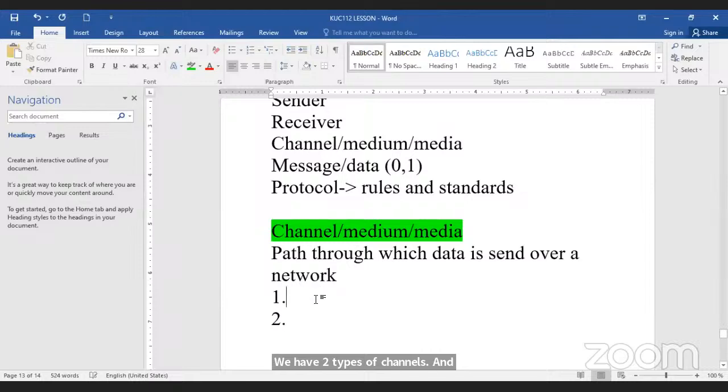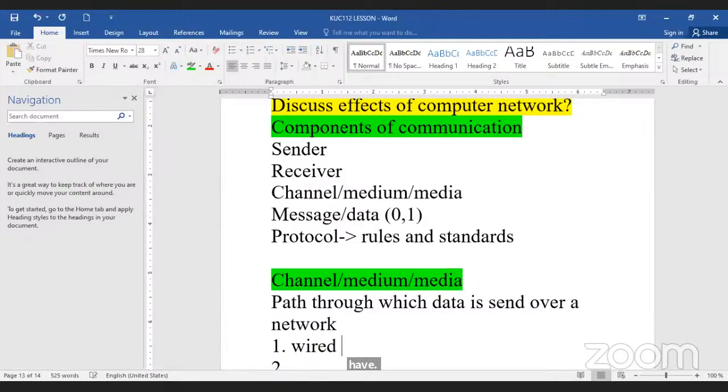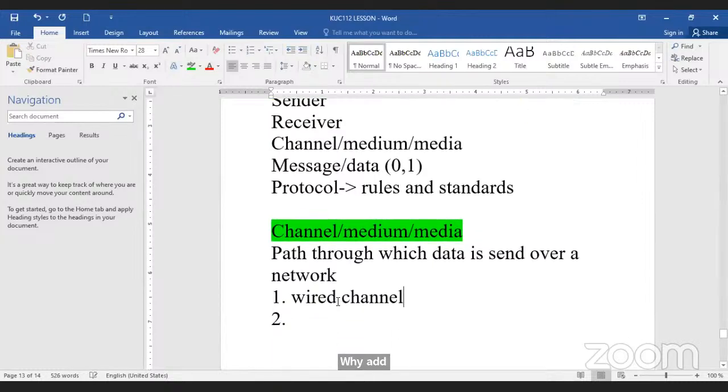We have wired channels and then we have wireless channels.